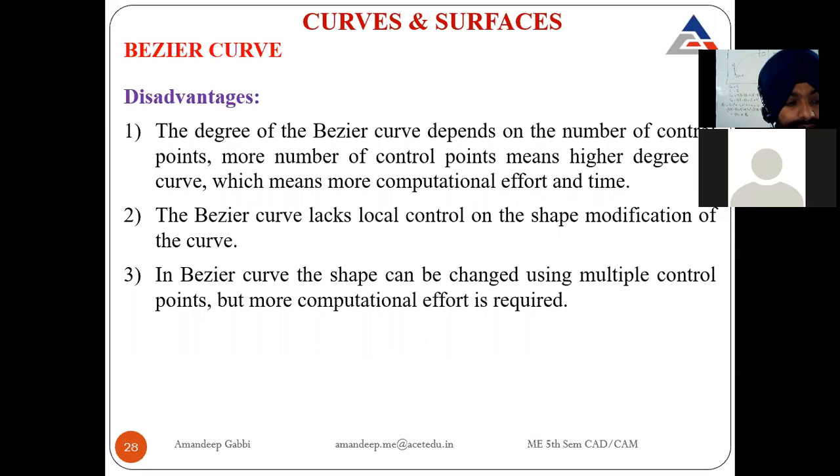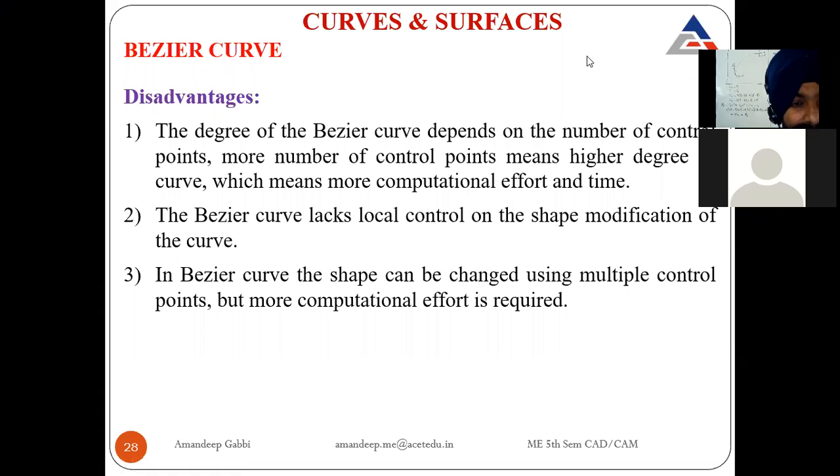You need to compute more to get a better shape of the curve. So these are the disadvantages: more computational effort is required. Though a localized change is possible, it is not that flexible as compared to the B-spline curve. So let us move to the last curve, B-spline.